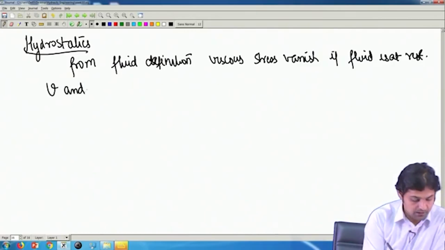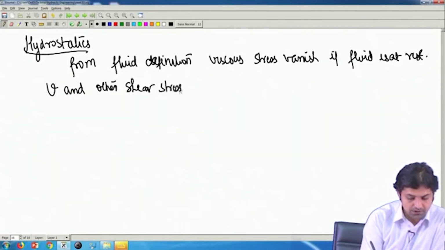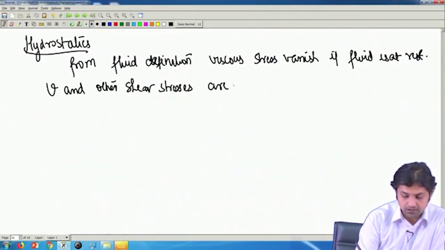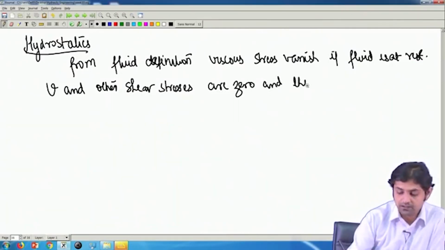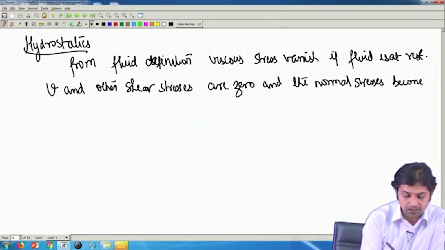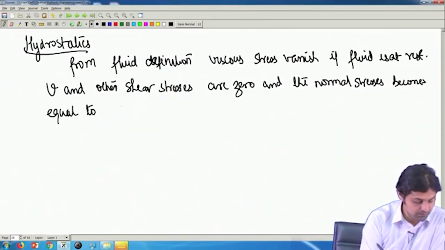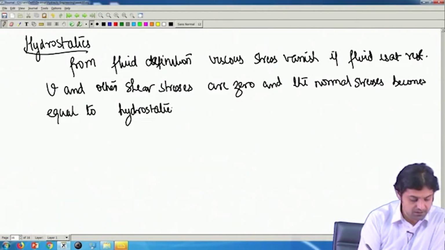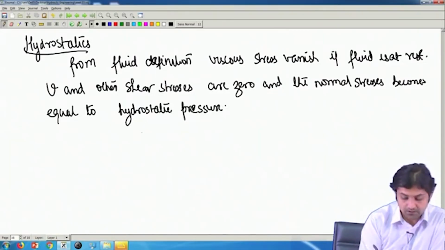Velocity v and other shear stresses are 0 and the normal stresses become equal to hydrostatic pressure.